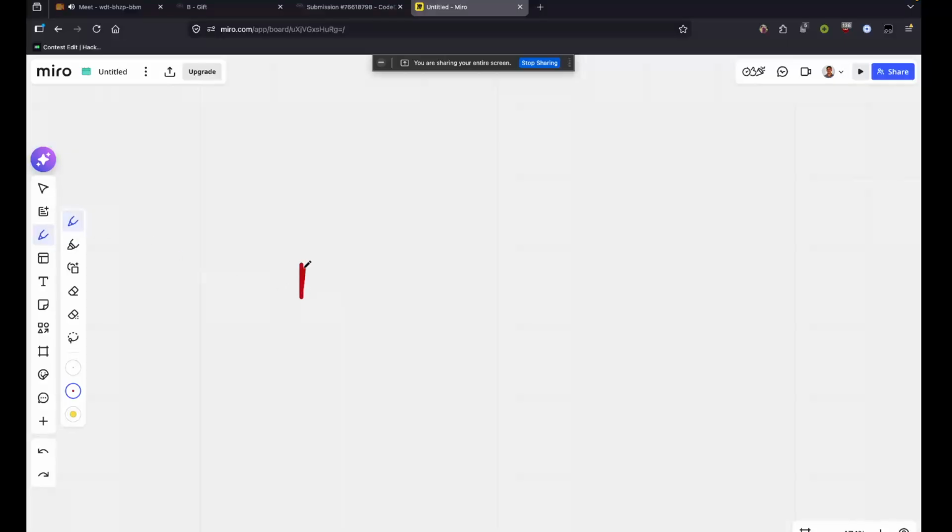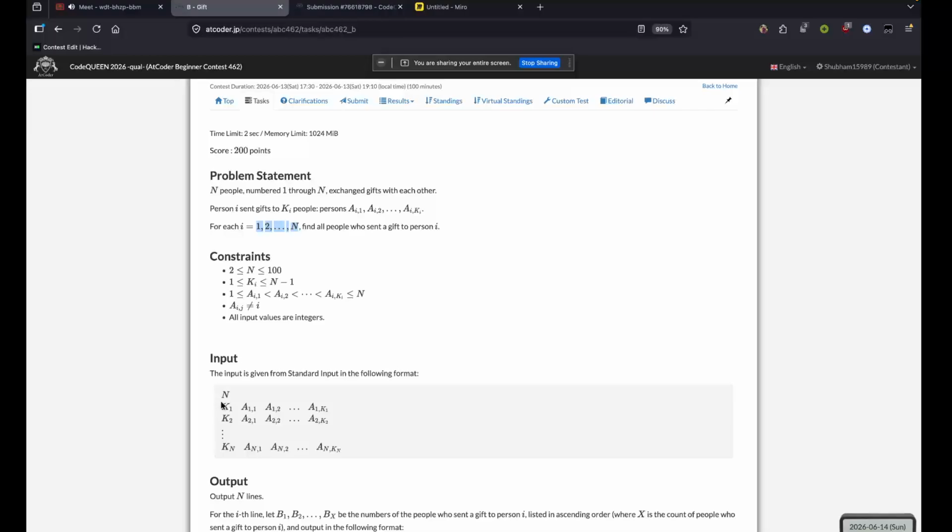There are n people, and we are given some input in this format. In the first value, we have k, like how many people we will be exchanging gifts with, and the next k numbers are the persons getting the gift from that index.